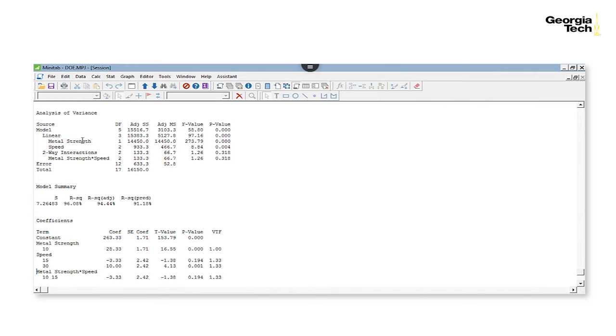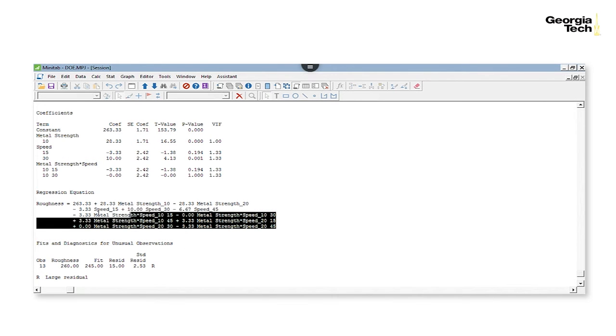As you can see here, metal strength is a significant factor, speed is significant, but the two-way interaction is not significant. It implies that the variation of roughness can be explained very well by speed and metal strength. We also have a regression coefficient, as you can see here, and this is the regression model for prediction.